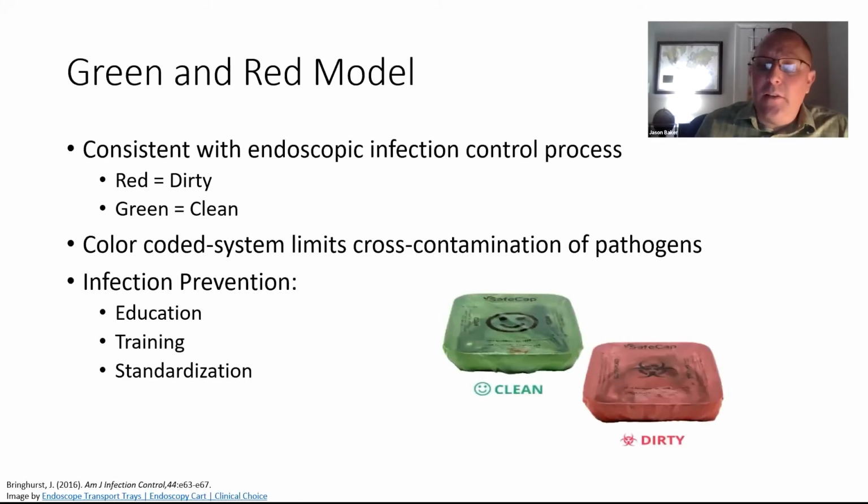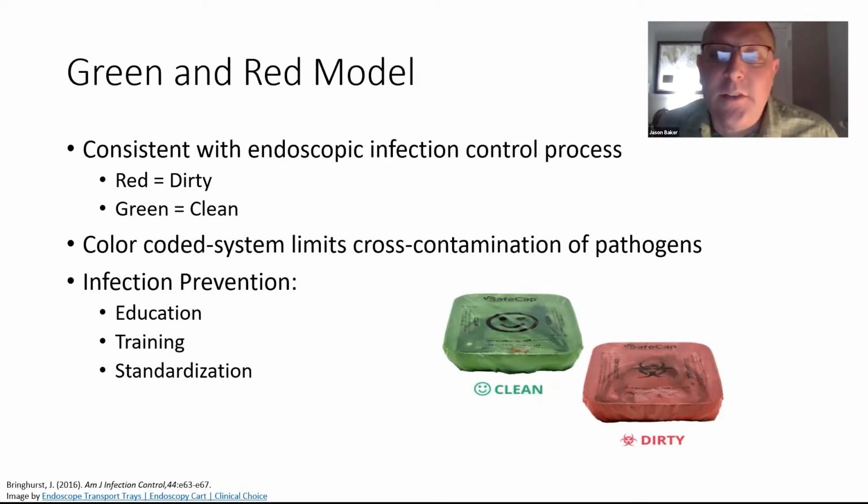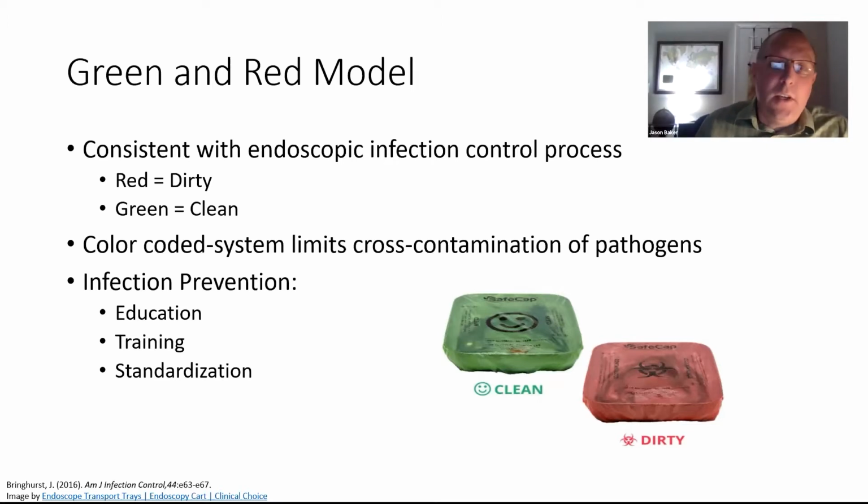This is a very effective model that we've employed at all the centers I've been at. We call it the red-green model. Again, staying consistent with the endoscopy process is really important, because a lot of these labs end up in an endoscopy center. The more you're consistent with endoscopy procedures and processes, the easier it makes the whole unit and the whole operation flow. There's a very inexpensive way, like these coverings you see on the bottom.